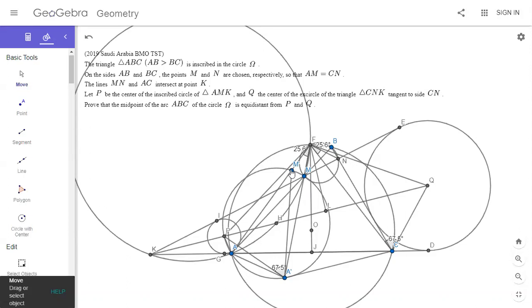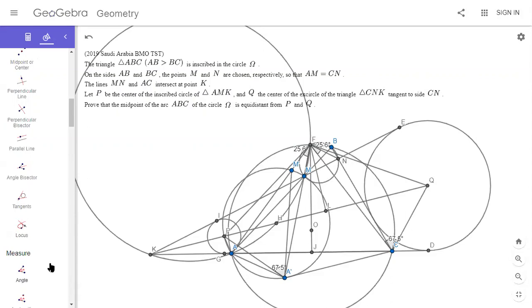I wanted to show... Hold on one sec. Yeah, is it true? Yeah, AFMK is cyclic.